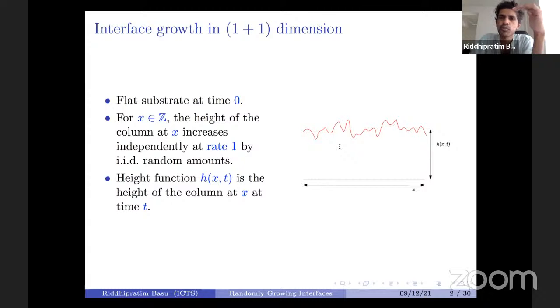If you are familiar with the Poisson process, you have this Poisson clock that rings at rate 1, and whenever this clock rings, you increase the height of your column at that particular location by some random amount. Say you increase it by 1 with probability half and by 2 with probability half, or any other randomness that you want to take. And let's say that the evolution of the heights of the columns are independent across different locations. So that's the most basic model for these 1+1 dimensional growing interfaces that you can think of.